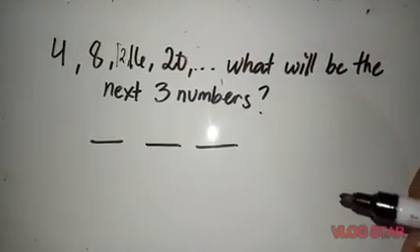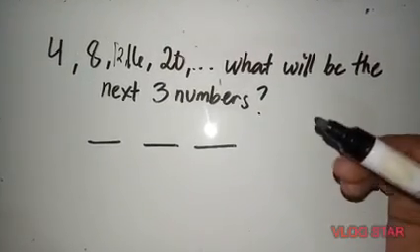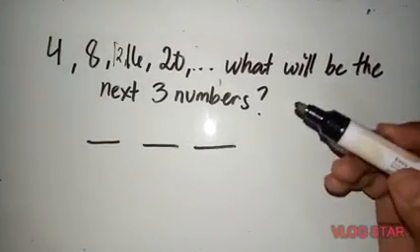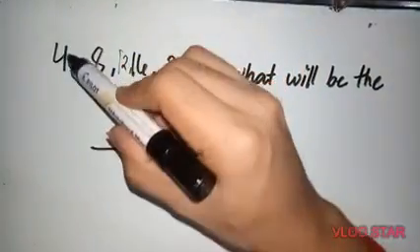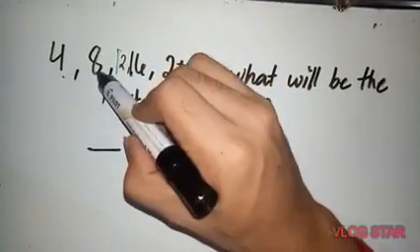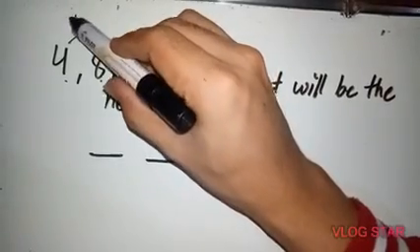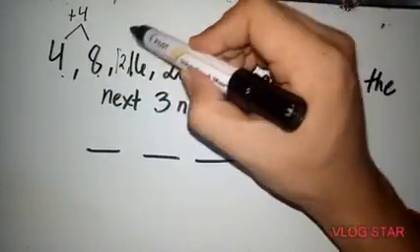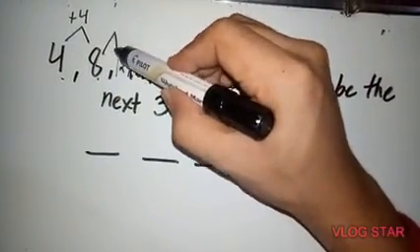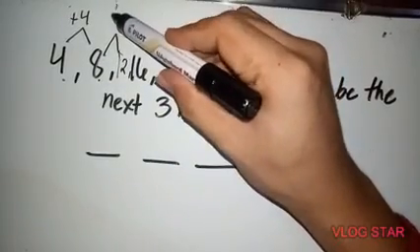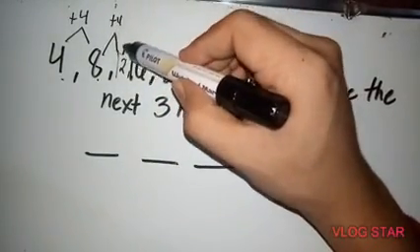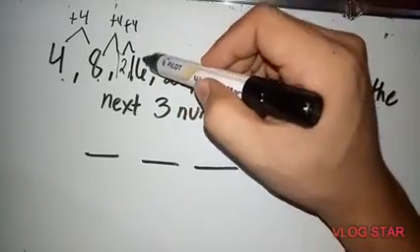First, we need to identify the pattern, or what's happening in the pattern. From 4, it becomes 8. It means that we are adding 4 to the term. So the next term, 8 plus 4 is 12, plus 4 again.